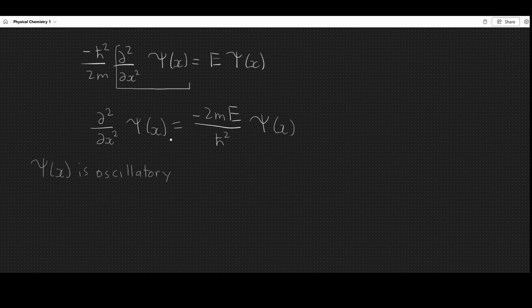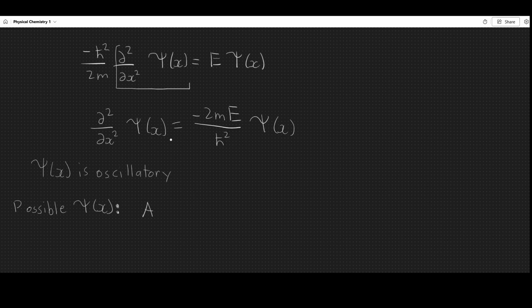So what are all the oscillatory functions it could possibly be? Well, you might know from your trig classes that sine of x and cosine of x are oscillatory. We can also toss in e to the ix. That is also an oscillatory function. And so here we can write our possible psi of x's. These are our candidates that all work to fit Schrodinger's equation.